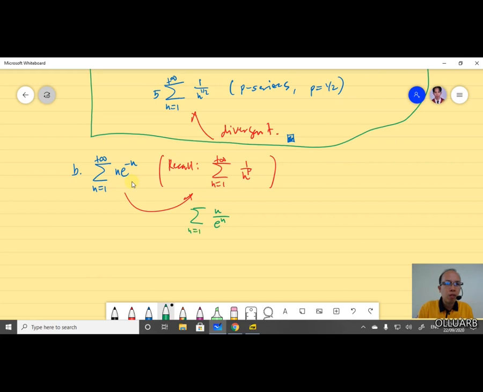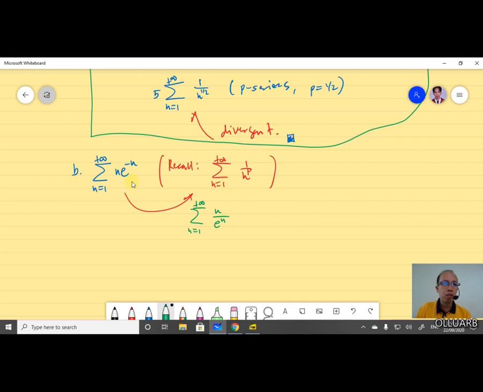n starts from 1 to positive infinity. So there is an extra n here, and as you have noticed, there's no other expression involved in the p series.